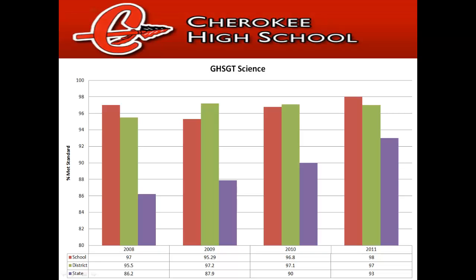In 2008, the district was at 95.5%, and by 2011, it increased to 97%. The state of Georgia has seen a marked increase over the same time period from 86% to 93%. However, the school and the district are still well above the state in regards to this portion of the high school graduation test.